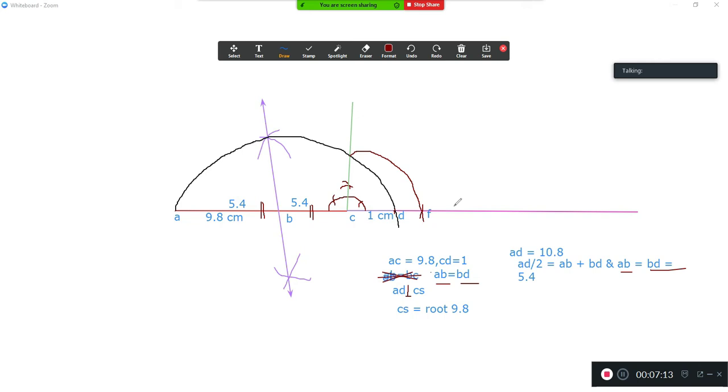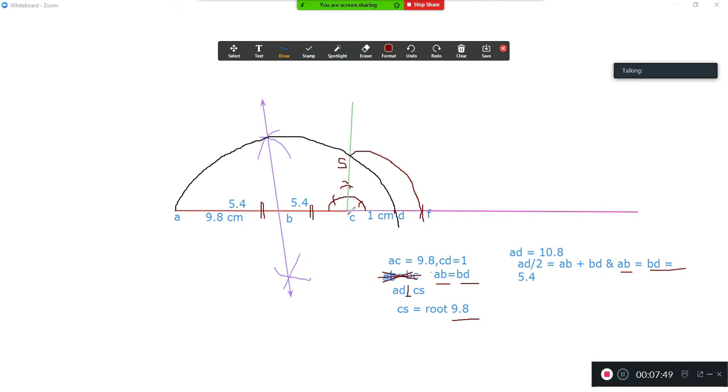So now what must be done is that I am getting C and let it be S. I am getting CS equals to root 9.8. So CS root 9.8. And now the problem comes. See, in all the schools we are used to do, we copy it, we place our protractor here, compass needle here, and then take the measurement of CS and make an arc on this line.